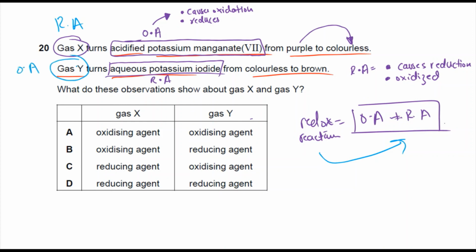Because if this is the oxidizing agent and this is the reducing agent, सिर्फ तब एक redox reaction होगा. और तब भी एक aqueous potassium iodide will go from colorless to brown, which shows it's being oxidized. So gas Y is oxidizing agent. Gas X is reducing, gas Y is oxidizing. So the answer to this question is C.